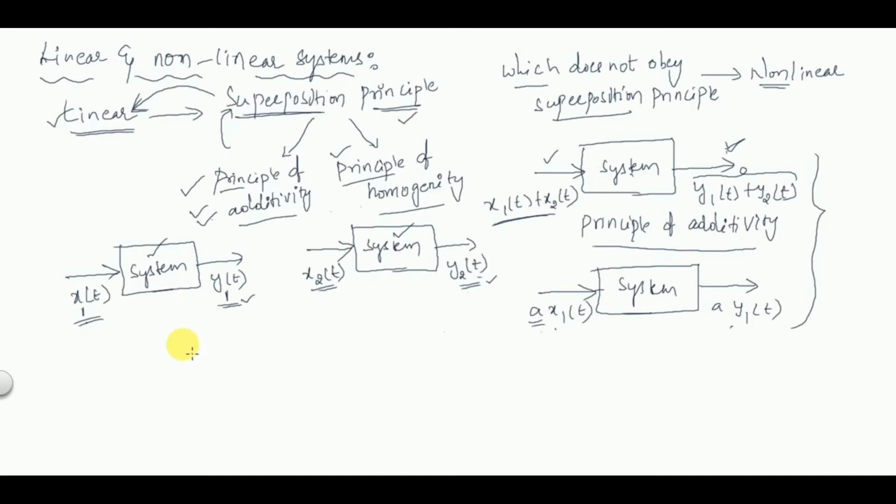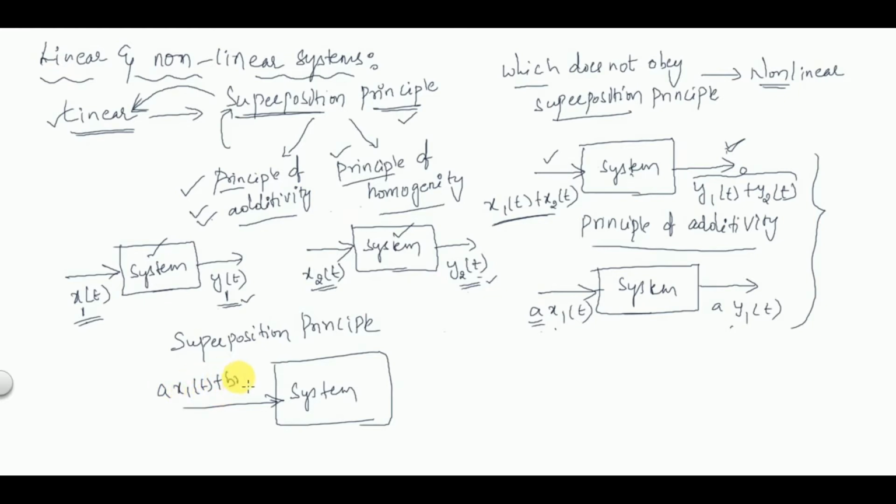Combining these two properties, a system is said to obey the superposition principle if it obeys both properties. For the same system, we apply both additivity and homogeneity. If a into x1 of t plus b into x2 of t is the input to a system, then it should produce a into y1 of t plus b into y2 of t.